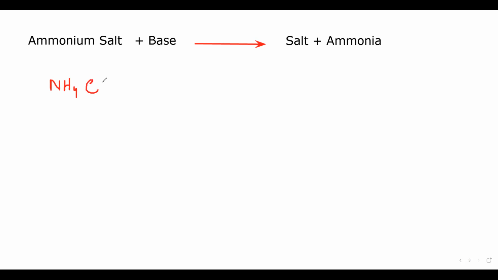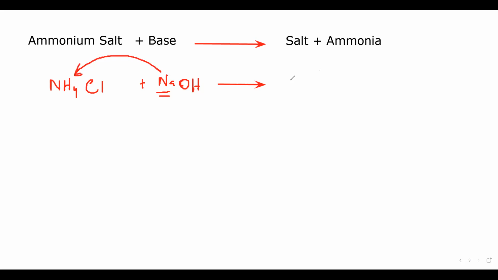Example, we have ammonium chloride and that is reacting with sodium hydroxide. Sodium hydroxide is NaOH. So when we react a base with ammonium salt, what will be the result? The metal which is present in the base will take the position of ammonium.